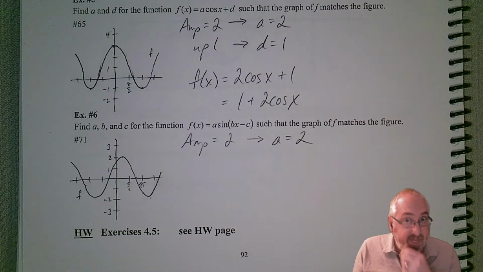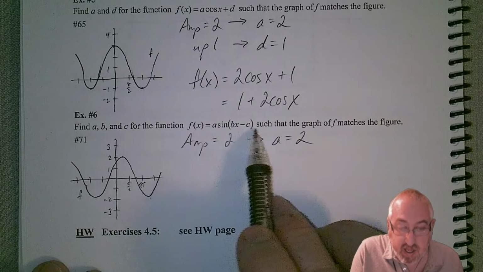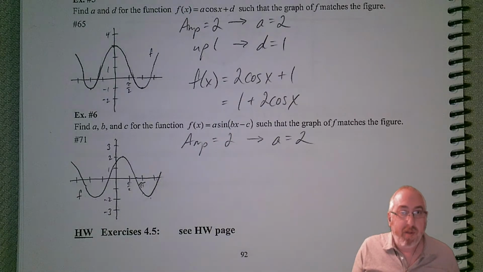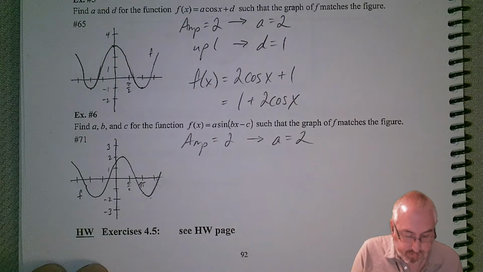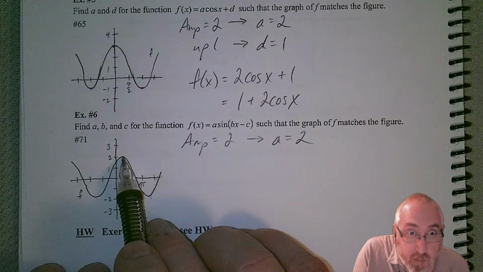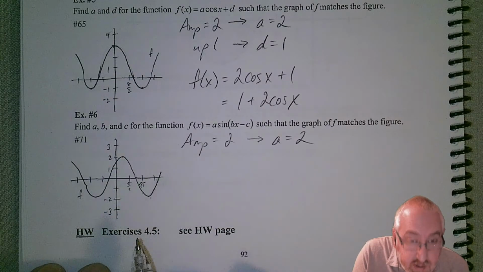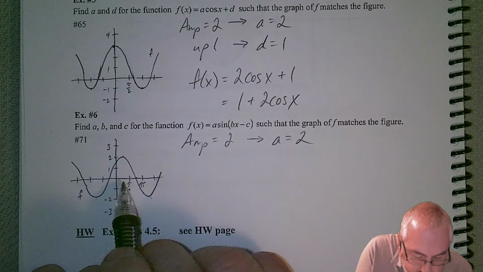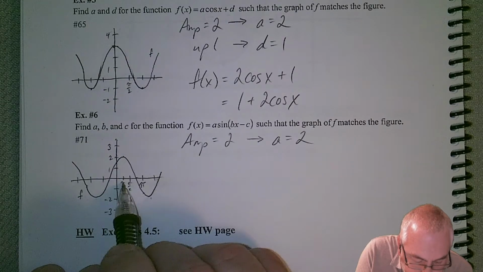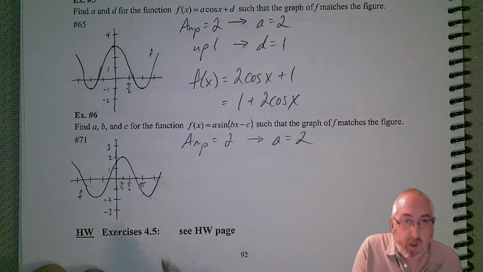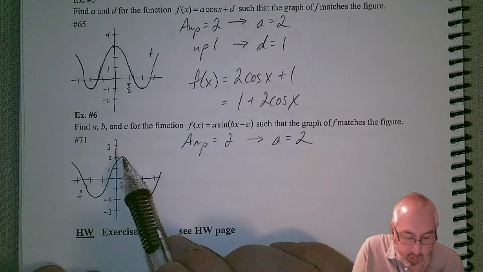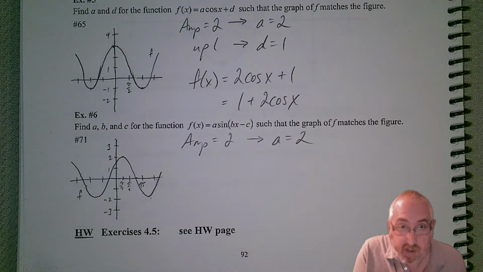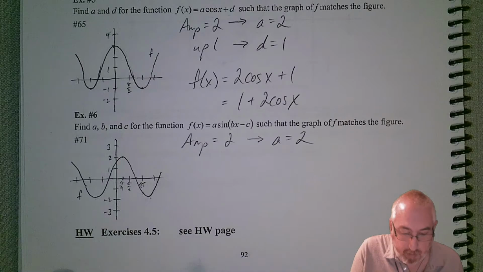All right. Now for B and C, remember B is dealing with the period. So what can you tell me about the period from this? You can see that we're starting with a high point right here that's right in between pi over 2 and 0. So we should be able to conclude that at pi over 4 is where we're actually reaching that highest point. If we shifted it back to the left a little bit and extrapolated, we should be able to figure out what our period is.